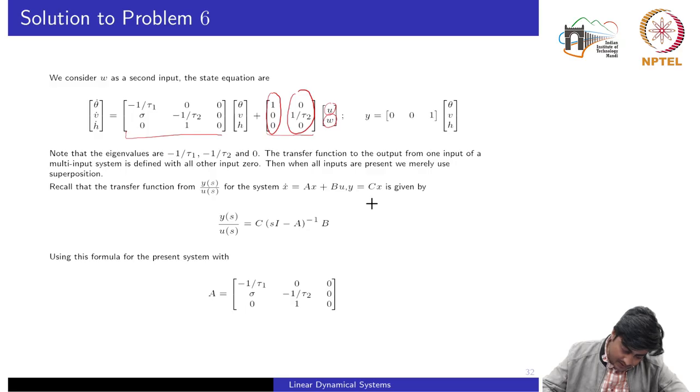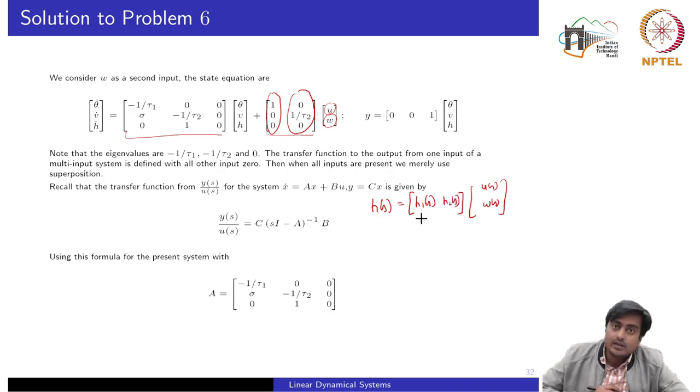First we'll compute the transfer functions. Let's say we have H of S. If we are considering two inputs, it would be a vector of U of S and W of S. Let's call it H1 of S and this is H2 of S. So we need to compute these two transfer functions.